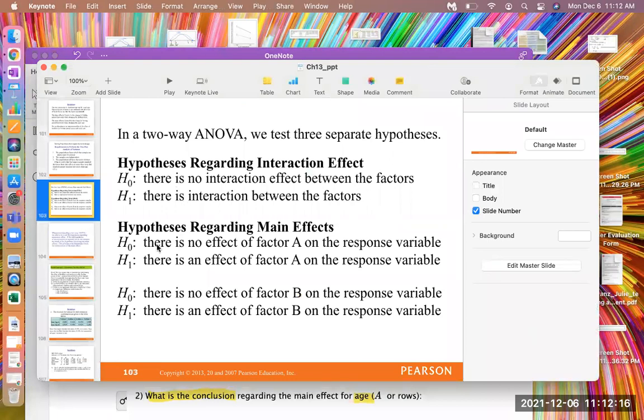And the null hypothesis for the main effects is there's no effect of factor A, no effect of factor B. So just remember the null hypothesis is that there's no interaction, no effect, okay? All right, that's that. And that means the alternative is there is an effect or there is interaction, okay? That can kind of help you.